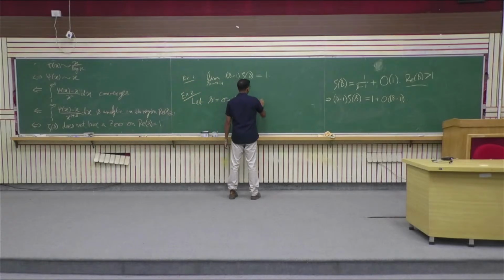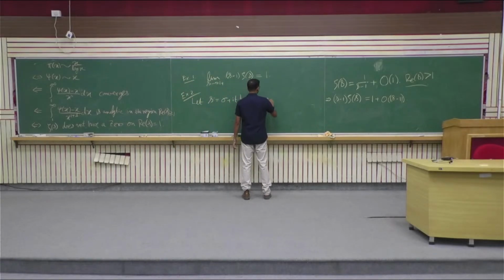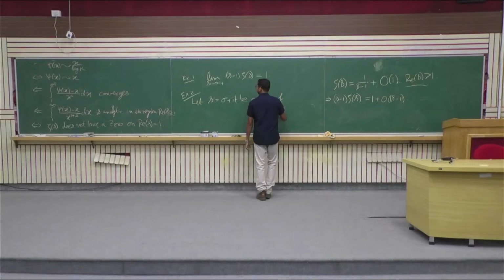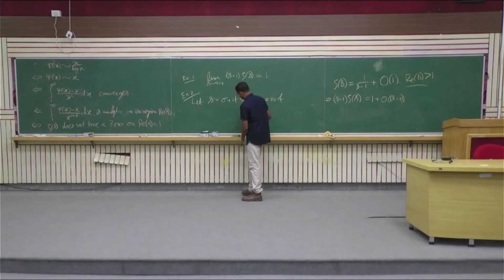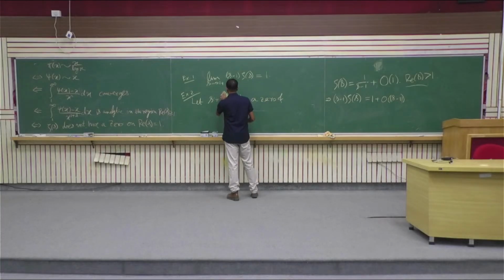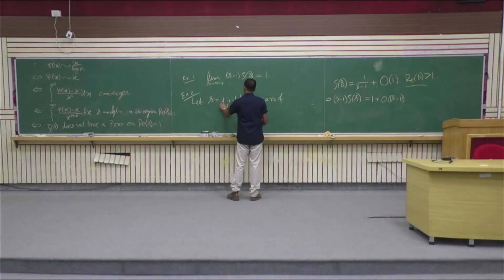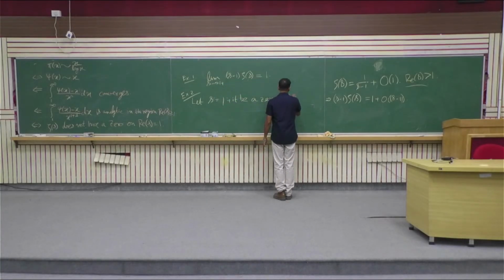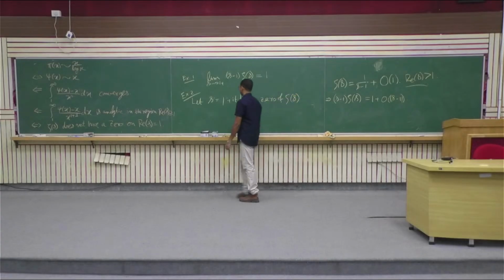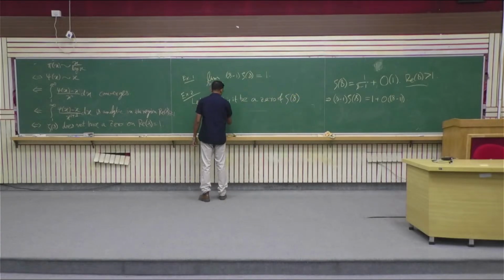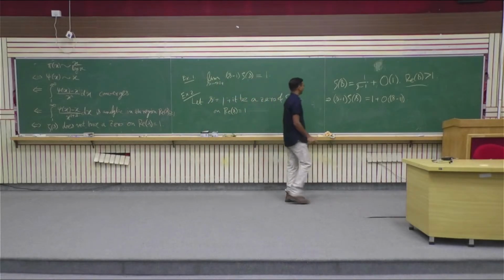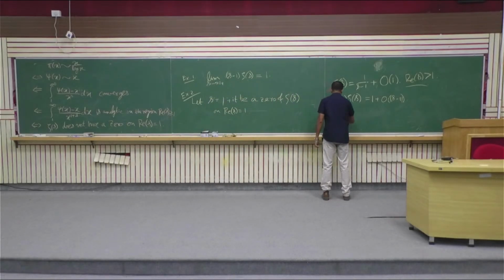Let 1 plus it be a 0 of zeta s on the line real part of s equal to 1. Oh, this one here is just the conclusion.